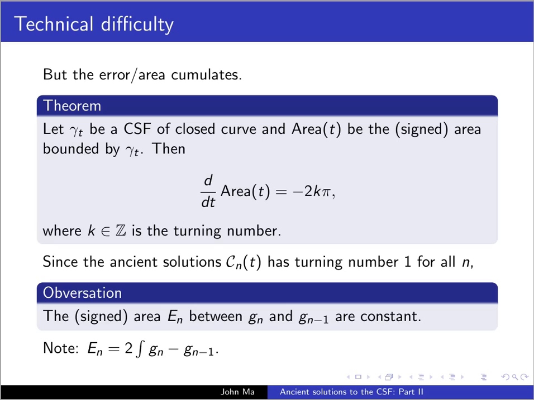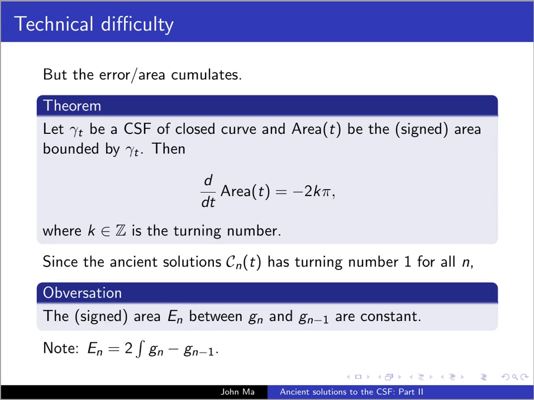So this is a theorem that is known for a very, very long time, as long as the start of curve shortening flow. So if we have a closed curve, and let the area be the area bounded by gamma t. In case when gamma t is not embedded, then we have to take the signed area.